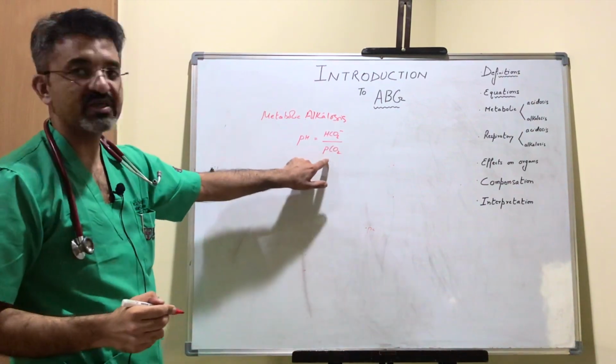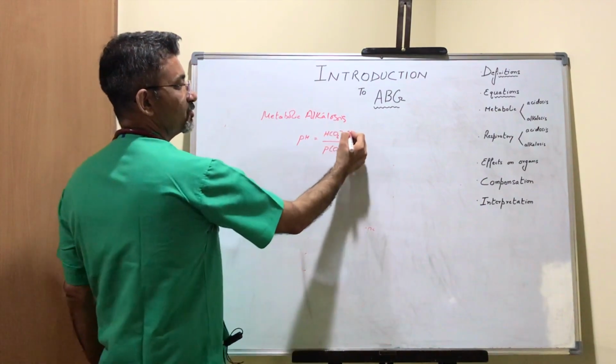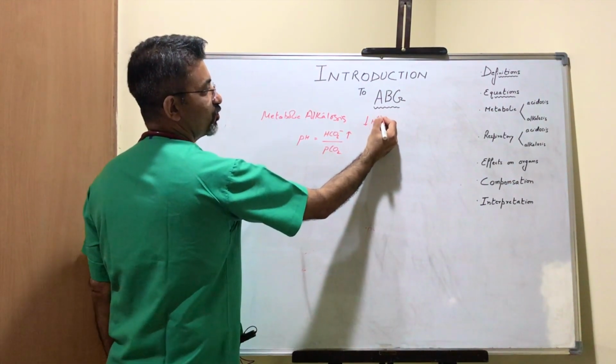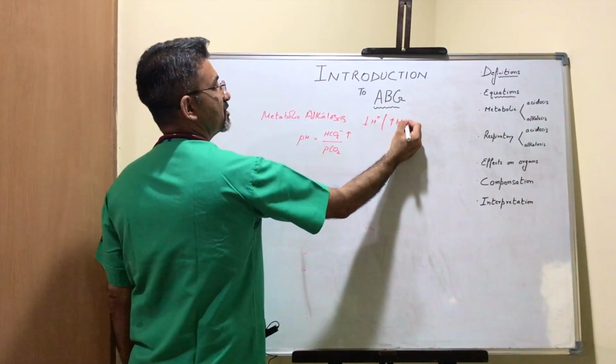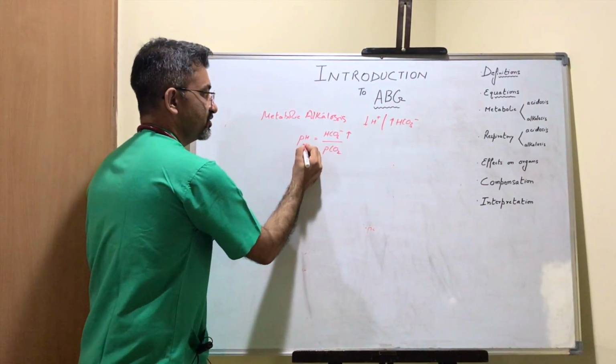So I am keeping my PCO2 constant. So what is increasing? HCO3. So either there is absolute decrease in the concentration of proton or H ions, or there is an increase in bicarbonate, which will increase the pH.